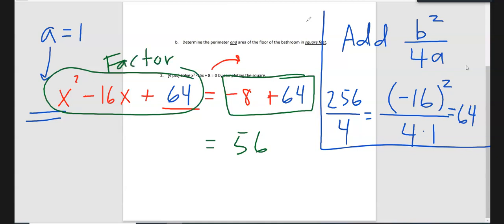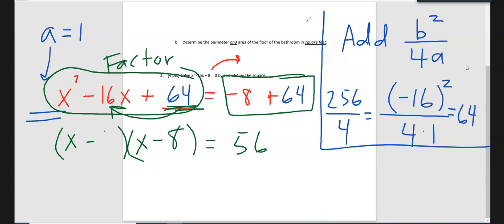Now, on this side right here, we're going to factor this. So what does that factor into? We're looking for something that multiplies together to give you 64, but adds up to negative 16. Obviously, that means both of them are negative. Can you think of things that multiply together to give you 64 but add up to 16? 8 and 8.